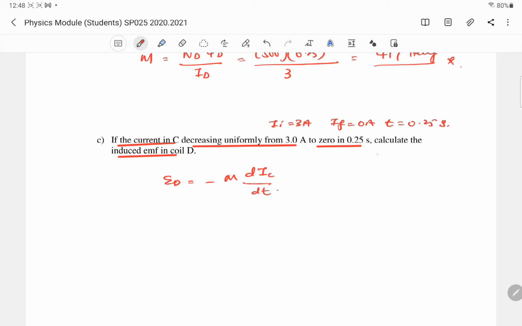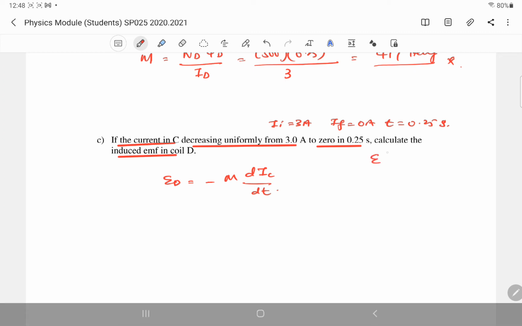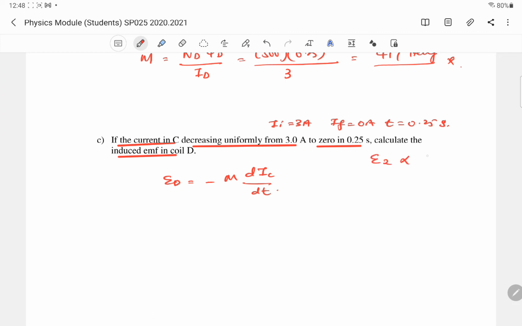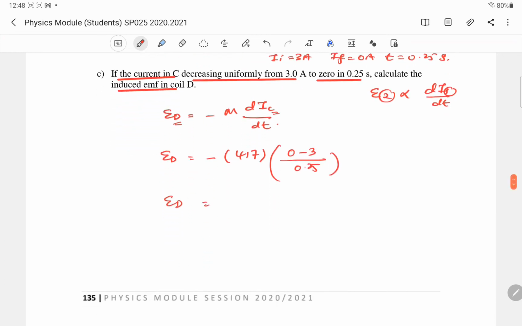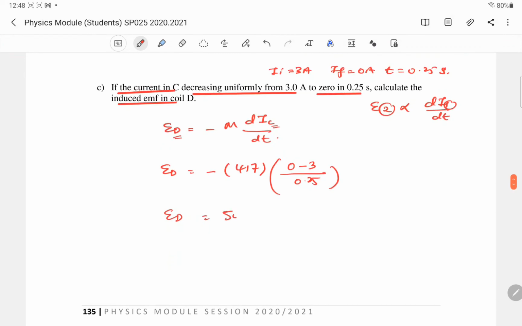Because remember, the EMF induced in coil number 2 is because of the change of current in coil number 1. So this one is D, this one is C. So ED equals negative M, which is 417, I final 0 minus 3, over 0.25. So ED equals 5004 volts.